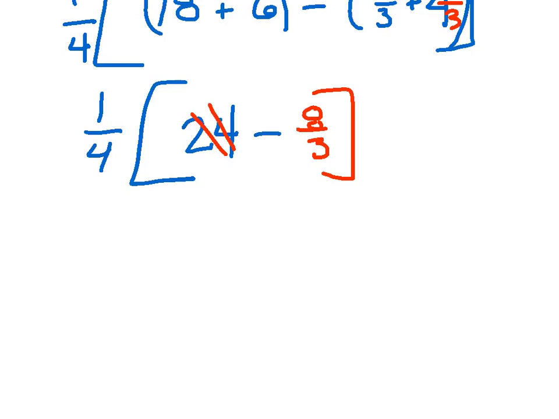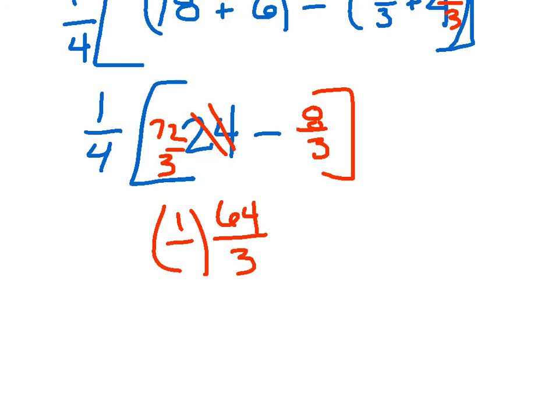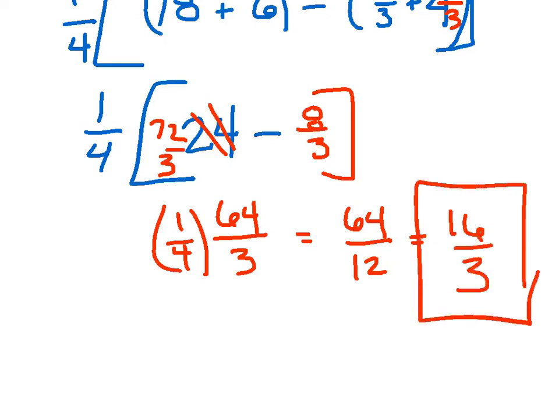Again, I'm going to multiply this by 3 to get a denominator of 3. So that looks like 72/3 minus 8/3, 64/3 times 1/4, 64/12, which of course reduces to 16/3. So final answer of 16/3.